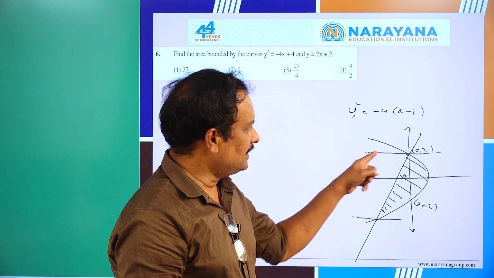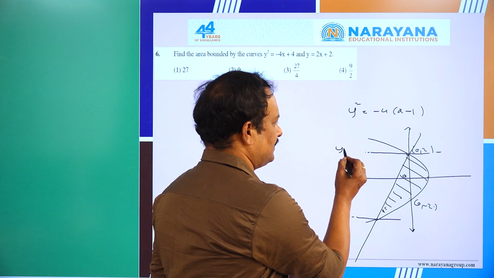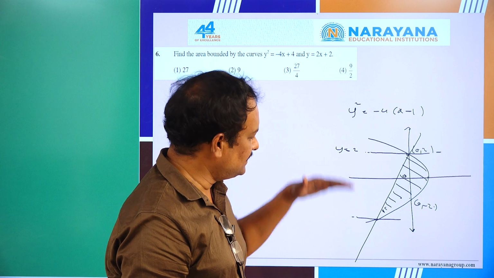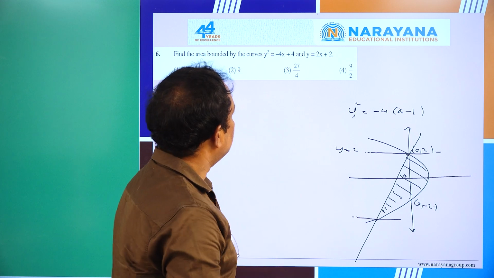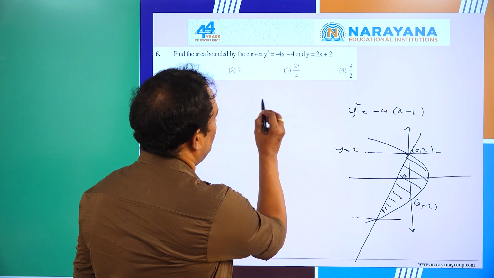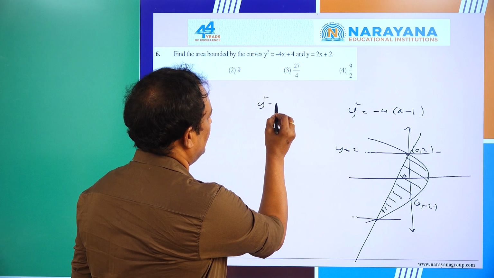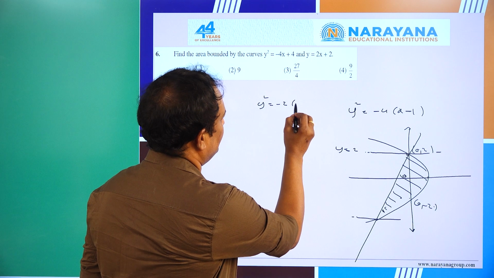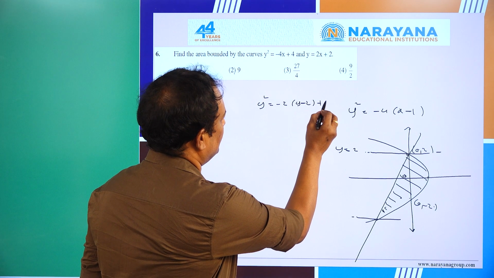So what about this line? That is the y = 2 line, that's very clear. This is the y = 2 line, which is one of the lines passing through the points of intersection. Let's go for this one. When you eliminate the x term, y² = -4x, that is -2 into 2x, but 2x is y - 2 there, and next +4.